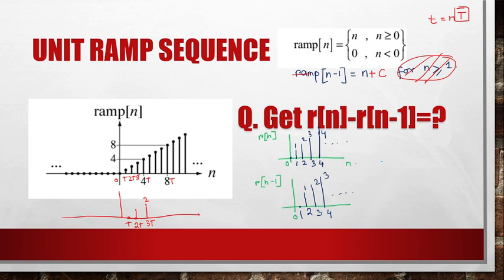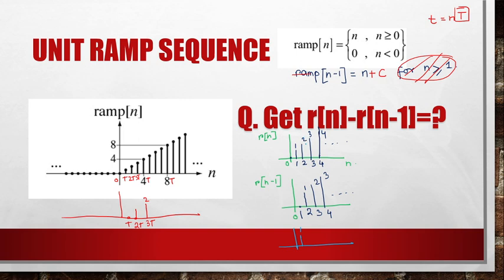So the new signal will be like this: this is 0, this is 0, so you are getting a 0 over here. Then this is 0 but this is 1, so you are getting a 1 over here, right?